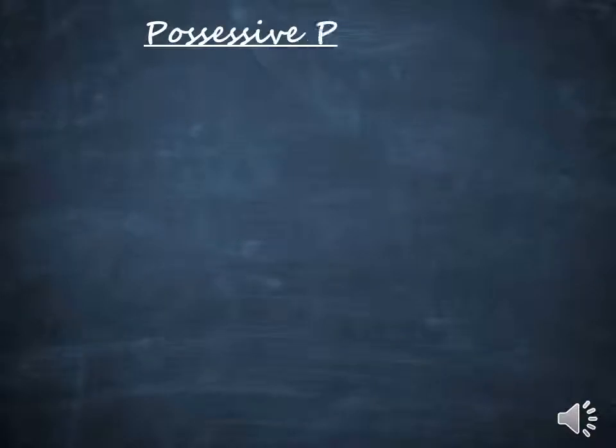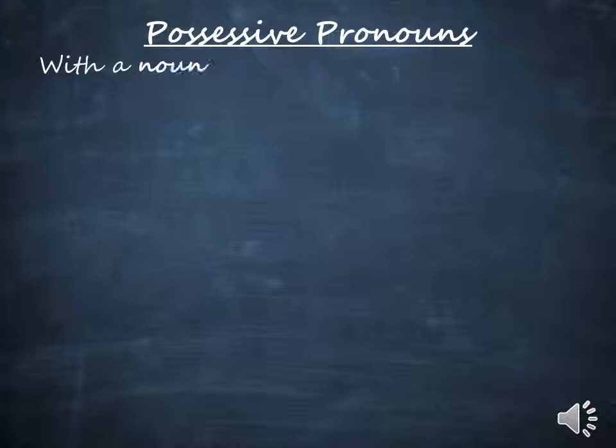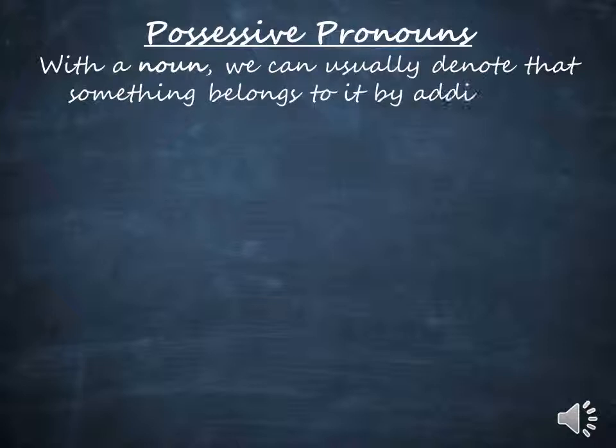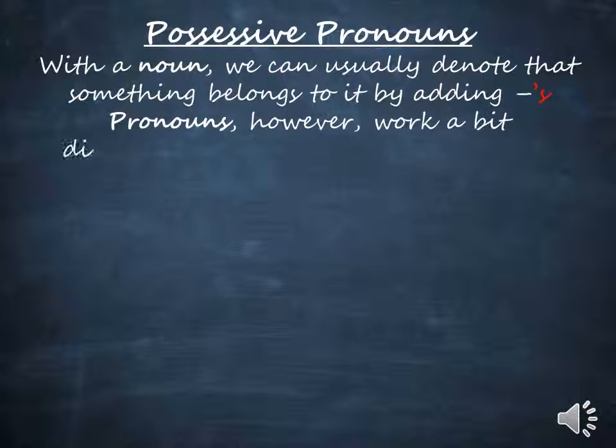Now, let's take a look at possessive pronouns. With a noun, we can usually denote that something belongs to it or that the noun owns something simply by adding apostrophe S. But pronouns, however, work rather differently.